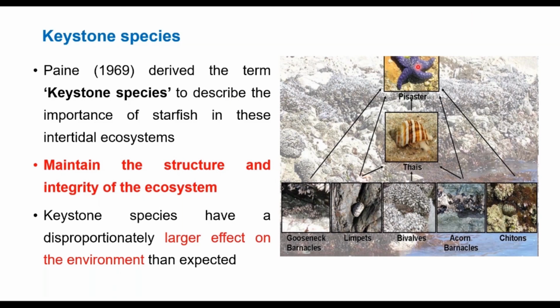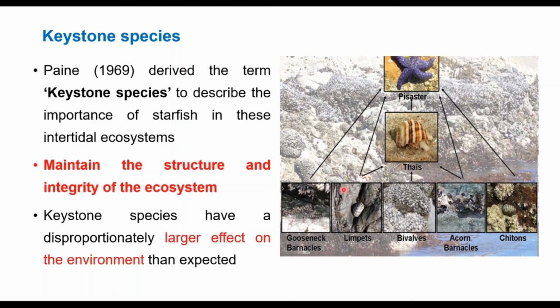If you look at the image, you can see the black arrows. All these primary or secondary consumers are taken by the tertiary consumers called whelks. These are the gastropods, and the populations of all these primary, secondary, and tertiary consumers are maintained by this Pisaster starfish, the predator.